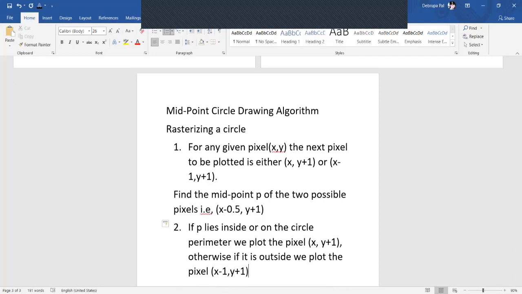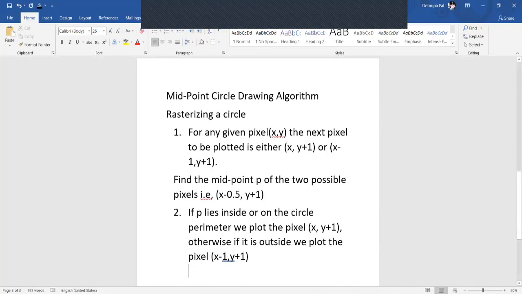Now the boundary condition is whether the midpoint lies inside or outside the circle. That can be decided by using a given formula. What is the given formula?